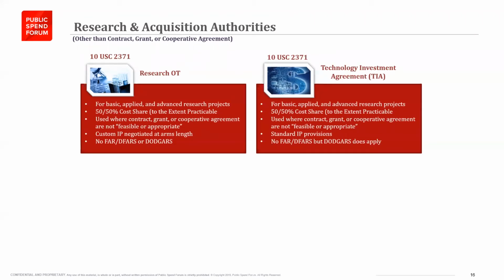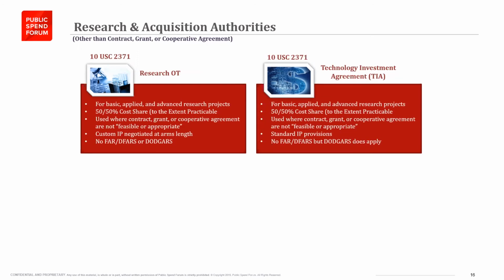And then these are to be used when contract, grant, or cooperative agreement are not feasible or appropriate. That is a statement that the government needs to justify prior to entering into one of these. And they have custom IP negotiated at arm's length. And of course, no FAR, DFARS, or DoDGARs applies.